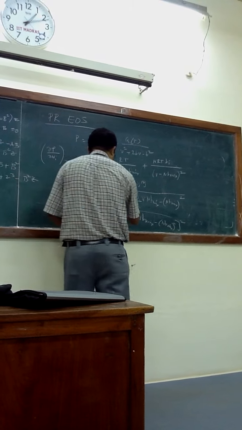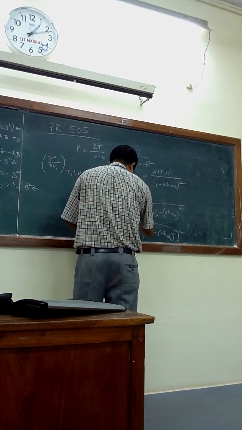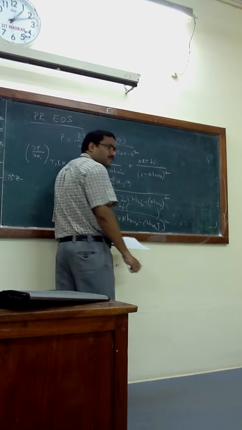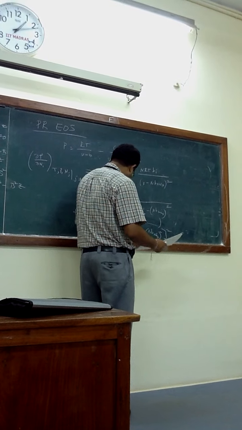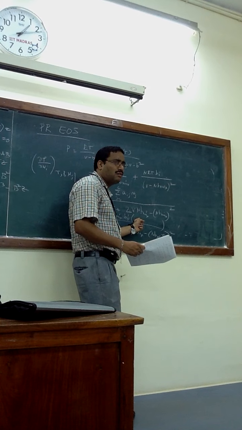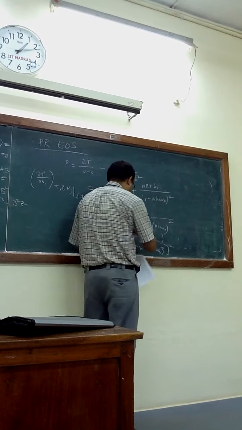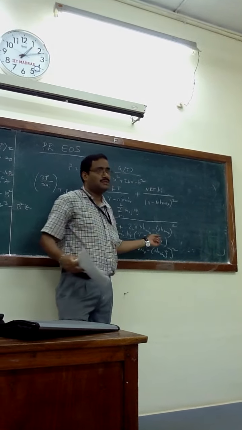So 2n square a mix, bi will be there. Bracket 1 minus capital B is there, no? Capital B minus NB mix. Did you get capital B?